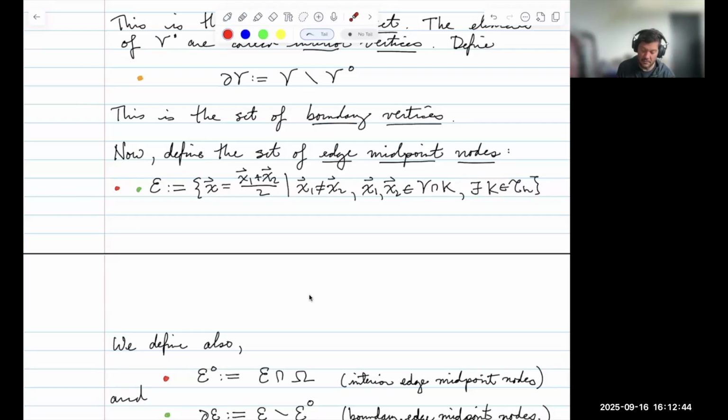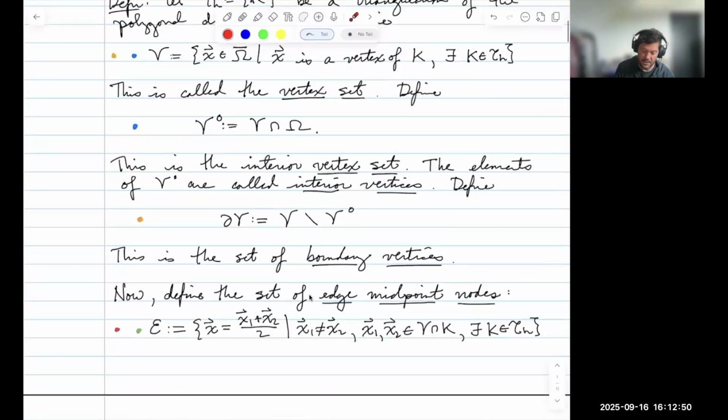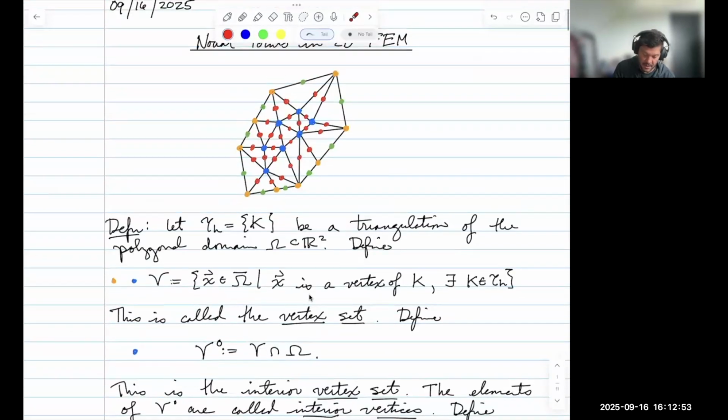So that's exactly what we mean by these edge points. We're looking for points that are in the vertex set, like let's say these two points here, and in the same triangle, and then I'm going to average them to get this red point.